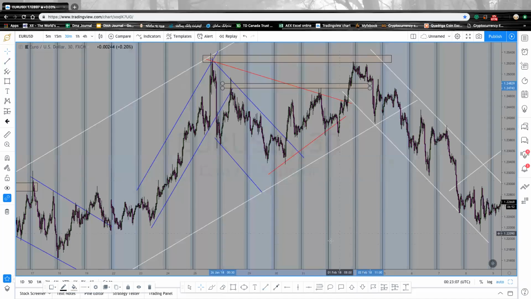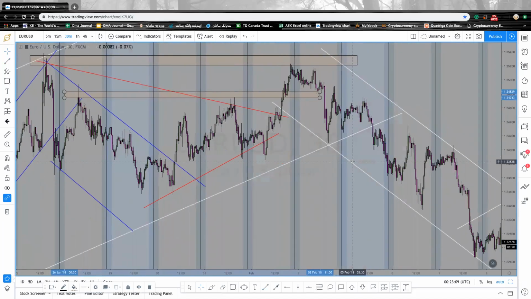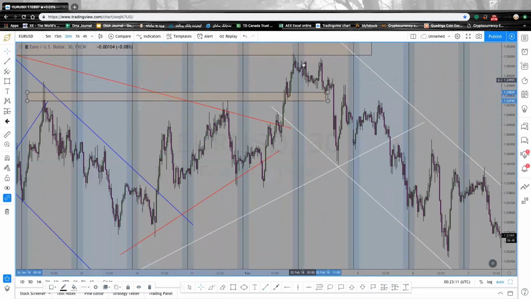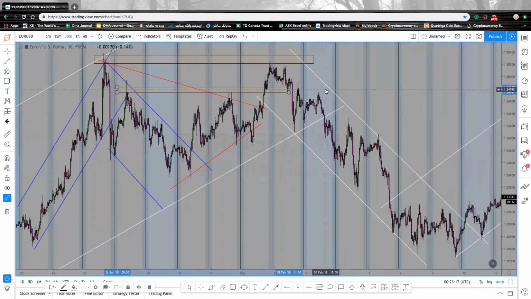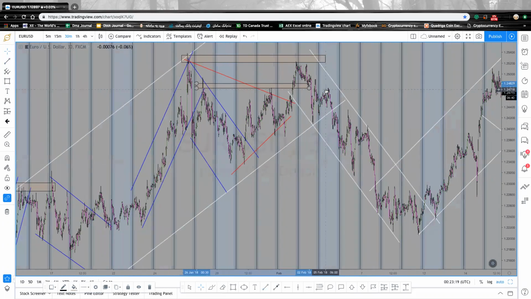And what we look for is up here, this M formation, multi-session M, to reverse all the way down to here.